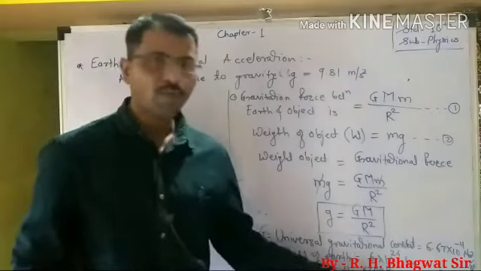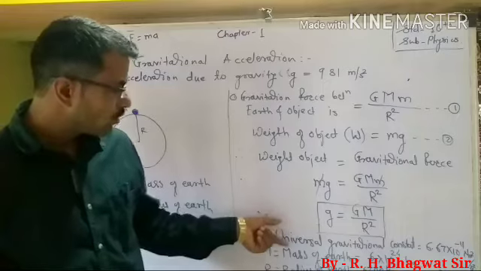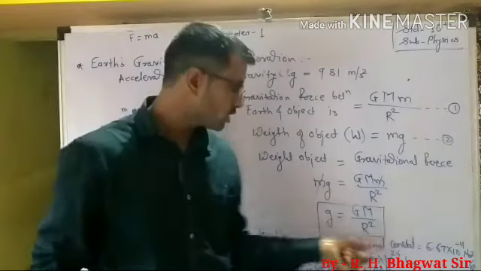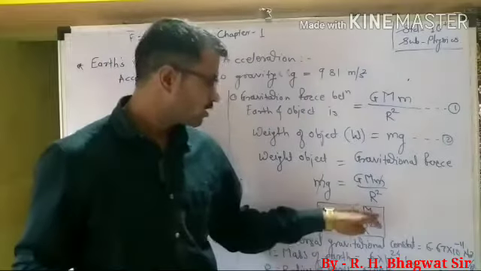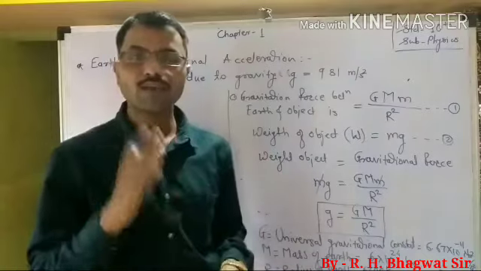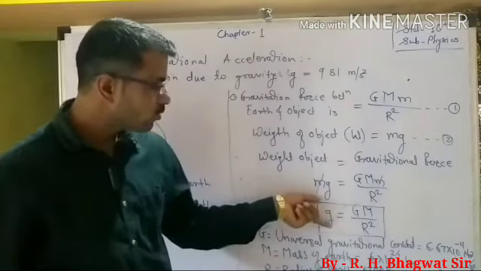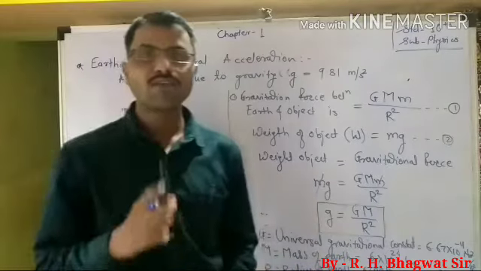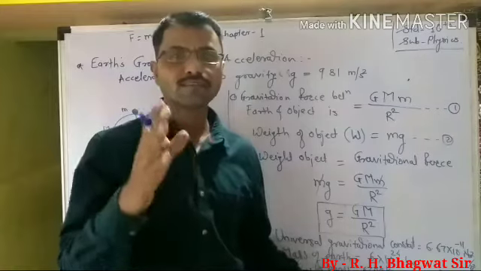This is the value of acceleration due to gravity. Here, the universal gravitational constant G always remains constant, the mass of Earth always remains constant, and the radius of Earth always remains constant. Therefore, the acceleration due to gravity small g always remains constant, which is 9.81 meters per second square.